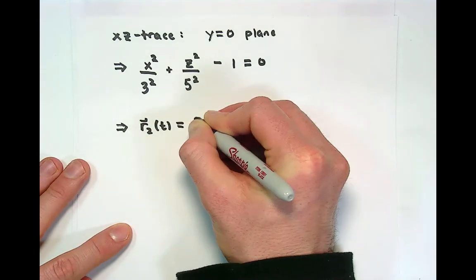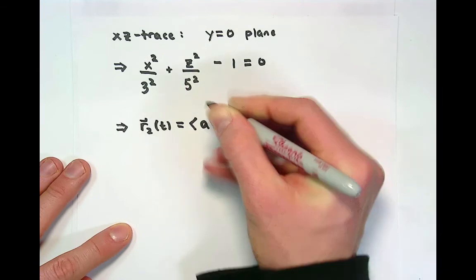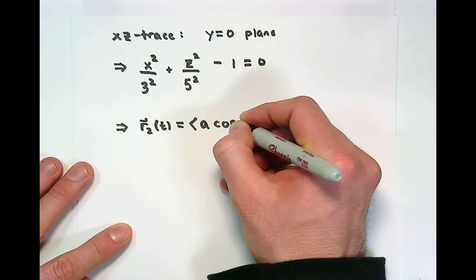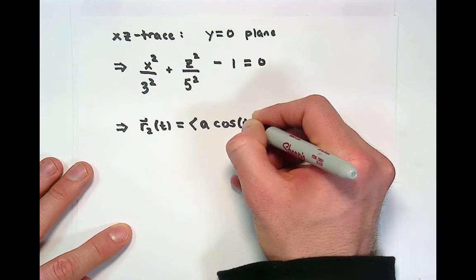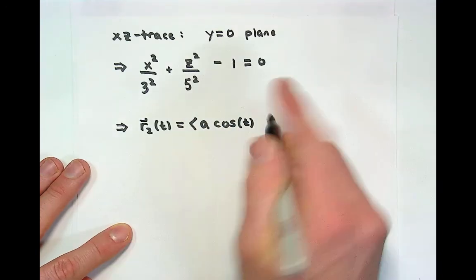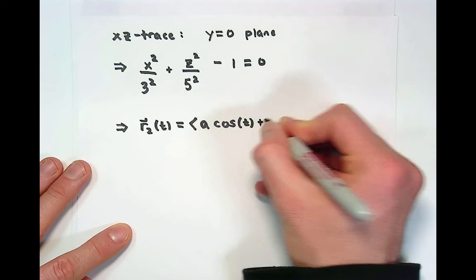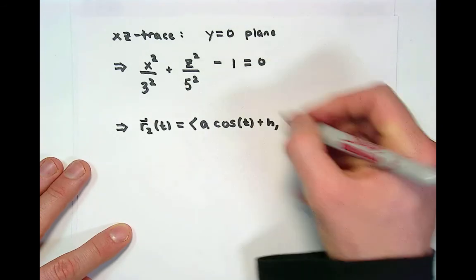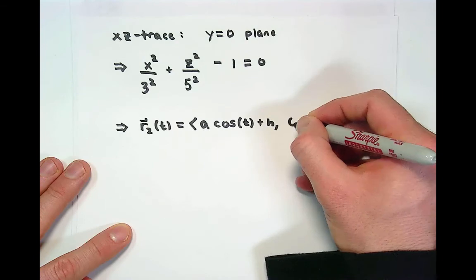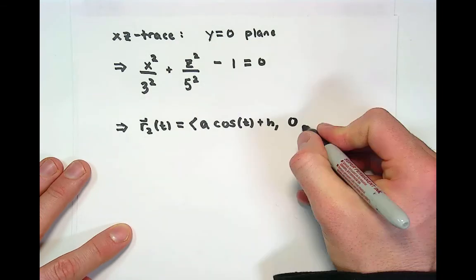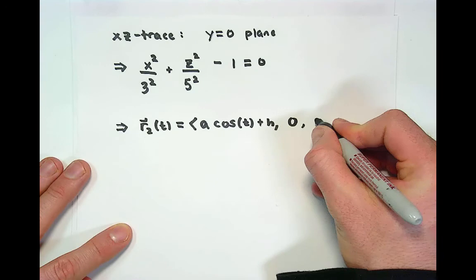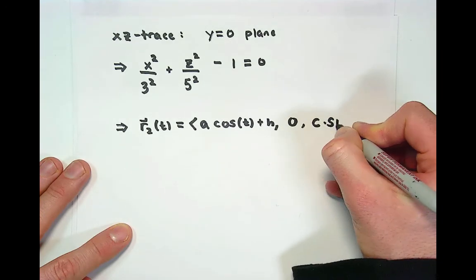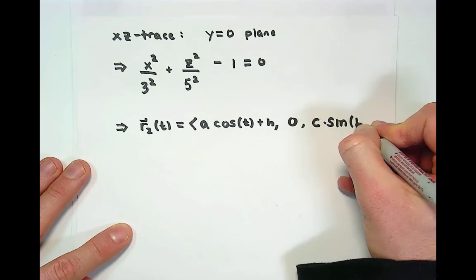This vector valued function is going to have a component in the first slot. So this would be a times cosine of t plus h. We have nothing in the second slot because y equals 0. And the third slot we're going to treat as if it was the second component of an ellipse.